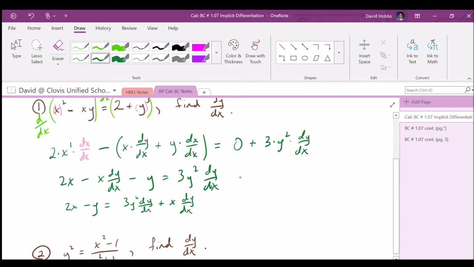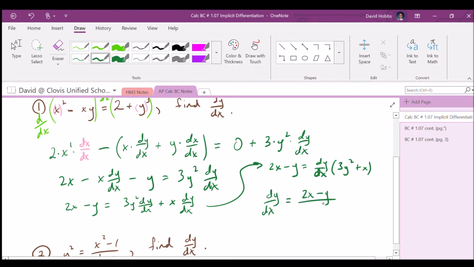So I'm going to move this up over here. It's important to always make sure that people can follow the direction of your work. So I have 2x minus y equals the GCF of dy dx times 3y squared plus x, and of course then dy dx is 2x minus y over 3y squared plus x.